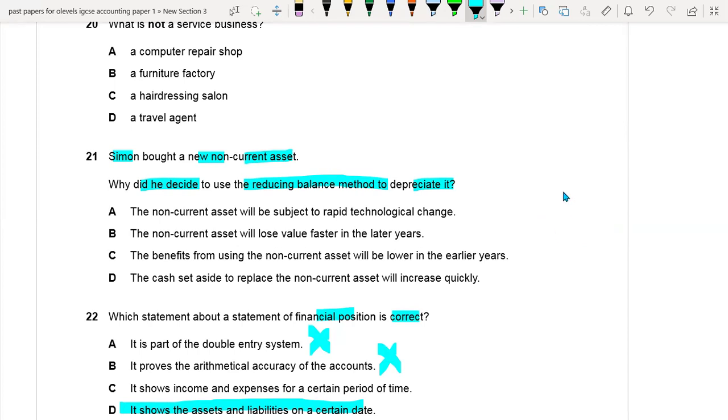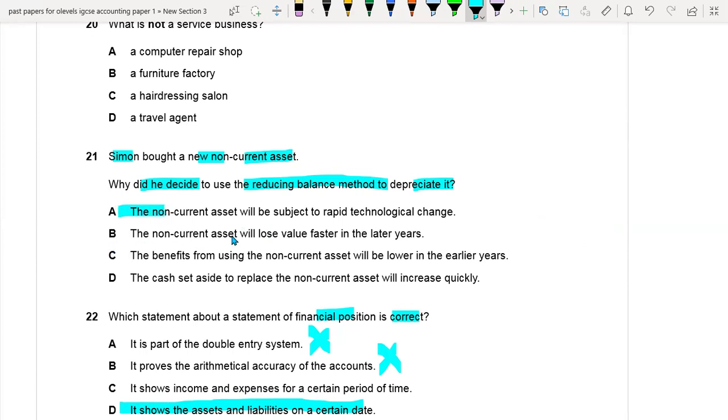In the initial years, there is almost no repair and maintenance cost, so we charge higher depreciation through RBM. Basically, we are just balancing both things. But the main thing is that we use RBM for products which may be technological and face rapid technological changes. So A option can be the right option.